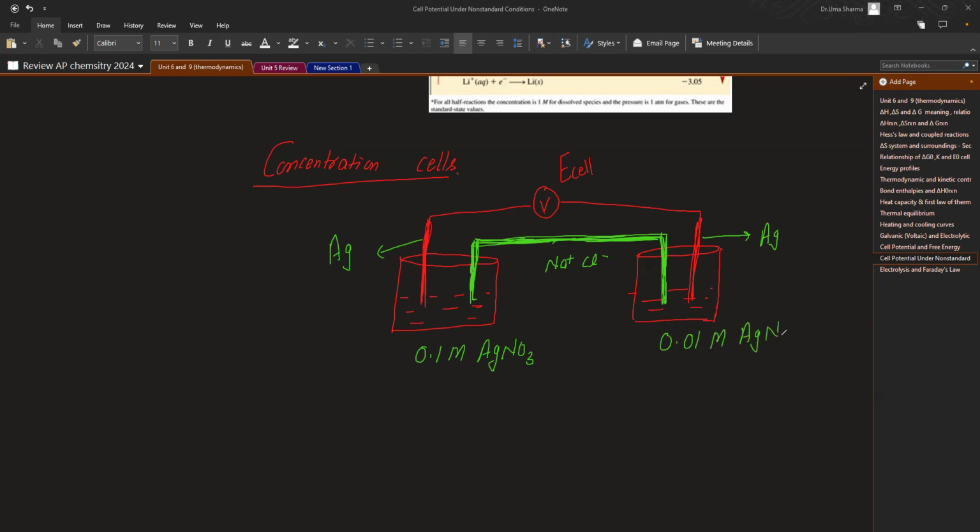So children, this is a galvanic cell. It can give you electricity. Can you see in both the containers, the half reaction is same. Half reaction is with silver and silver plus. But the concentrations are different.